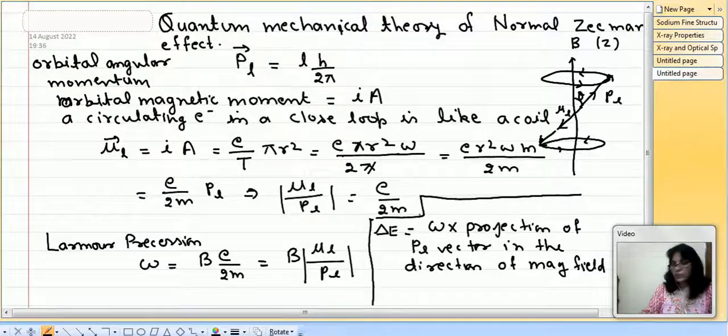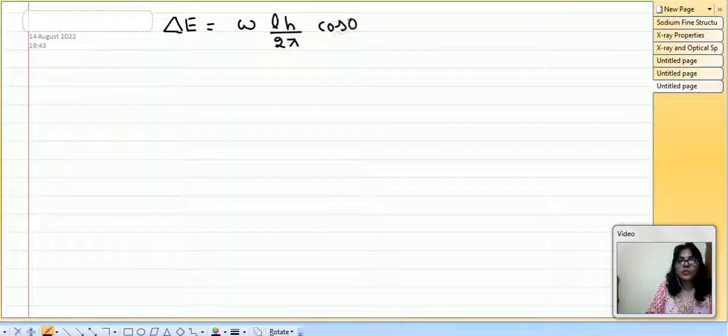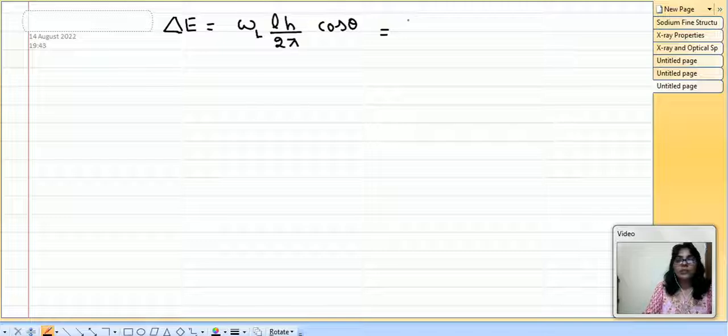So delta E, the change in energy, because of the Larmor precession, is equal to omega into PL cos theta. PL means it is Lh upon 2 pi into cos theta. And this is the Larmor frequency, so let us write it as omega L, and the value is E by 2m.